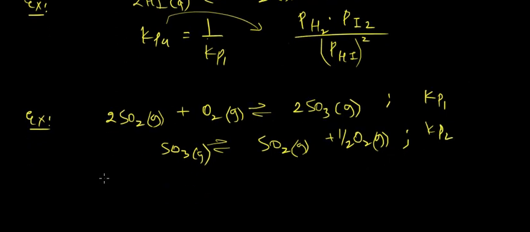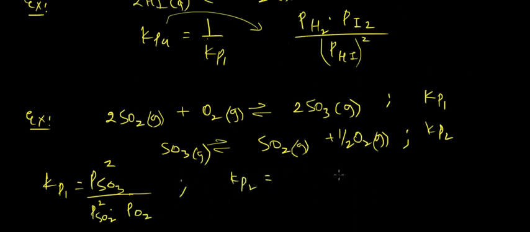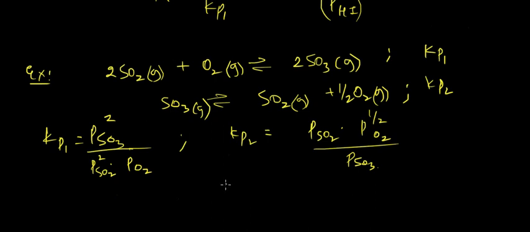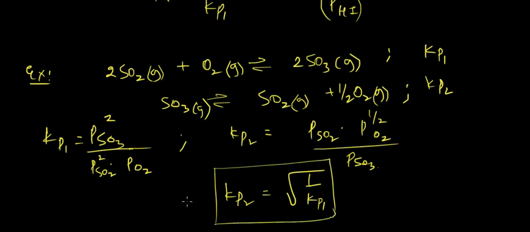In this case we can write Kp1 as partial pressure of SO3 squared divided by partial pressure of SO2 squared multiplied with partial pressure of O2, and Kp2 can be written as partial pressure of SO2 multiplied with partial pressure of O2 to the power half divided by partial pressure of SO3. So Kp2 is 1 upon root of Kp1. This is the relation between these two equilibrium constants.